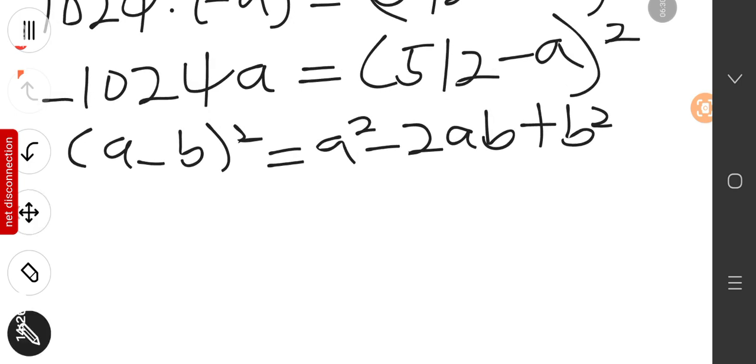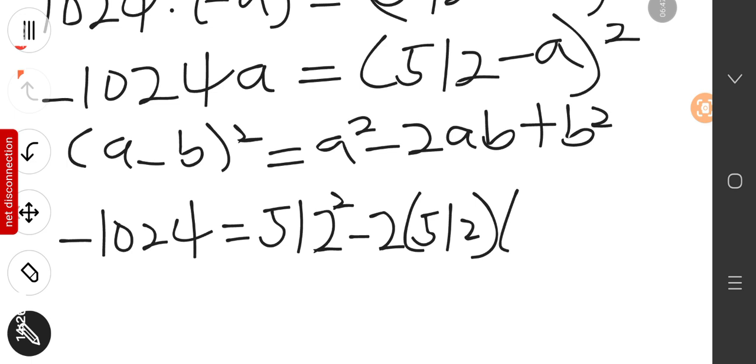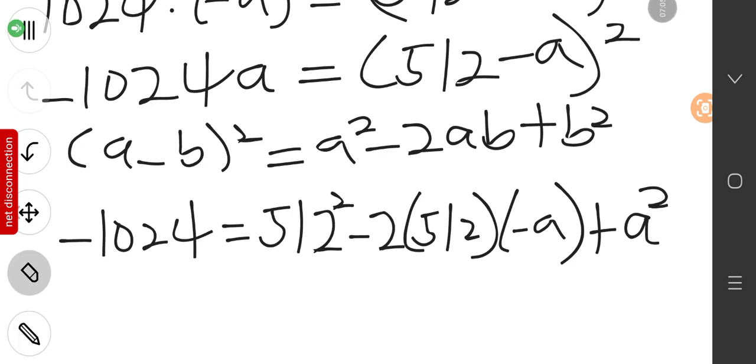So our equation becomes minus 1024 equals 512 squared minus 2 multiplying 512 multiplying minus a, plus a squared. So this is what we have.